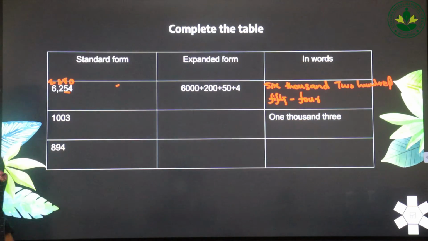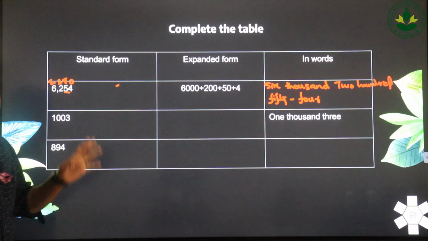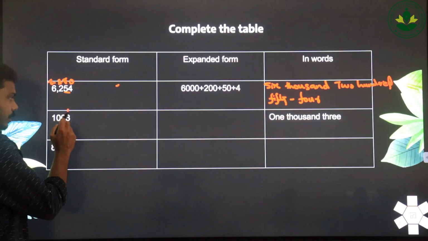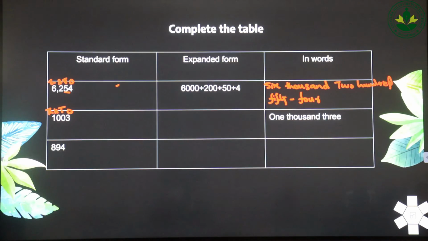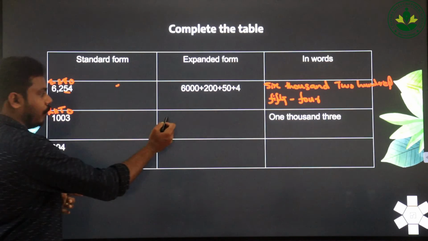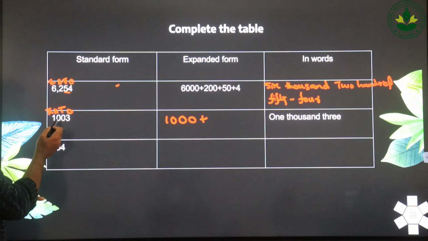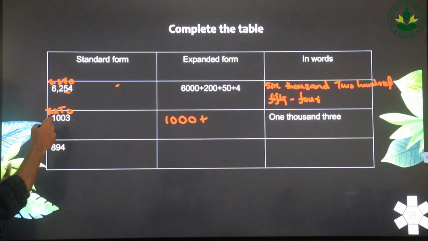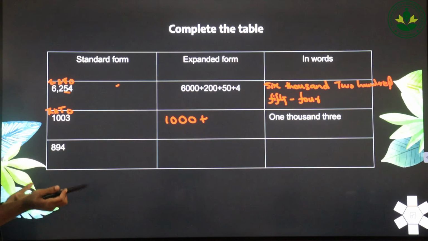And the second question, they gave the standard form and number name. We need to write the expanded form. Write the place values, ones, tens, 100, 1000. Let's write the expanded form. First the greatest place value digit, that is 1, 1 into 1000, that is 1000, plus 100's place digit 0, 0 into 100 is 0, so no need to write it.